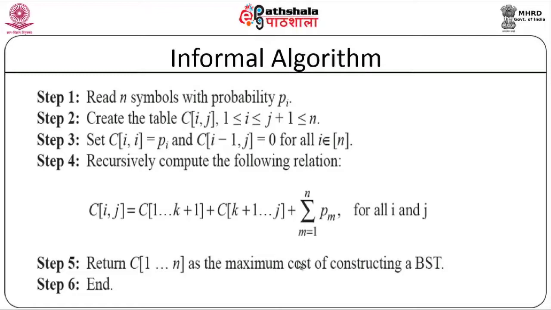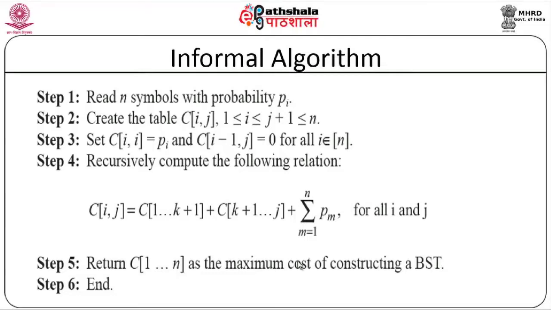Now comes the crucial part, establishing the recursive definition of this problem. The recursive definition is very simple. As I said earlier, we consider a k, and using that we divide the problem into two subproblems.